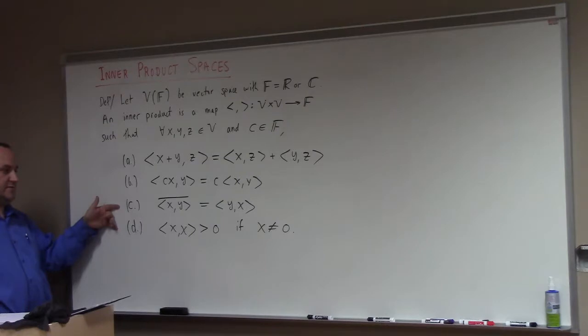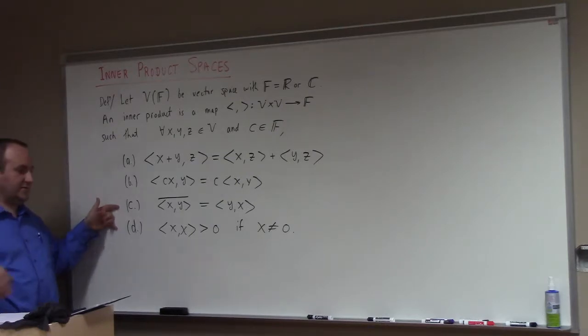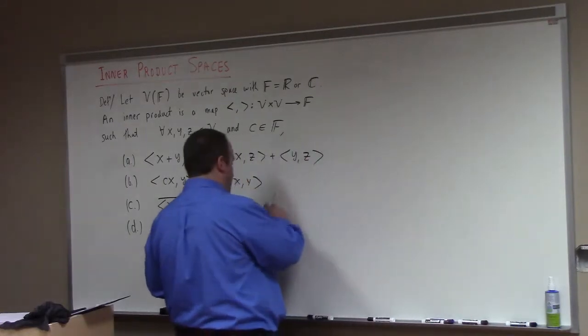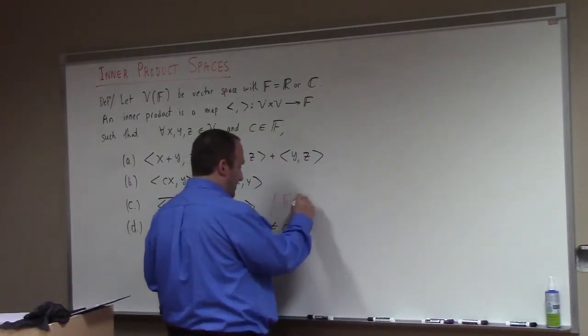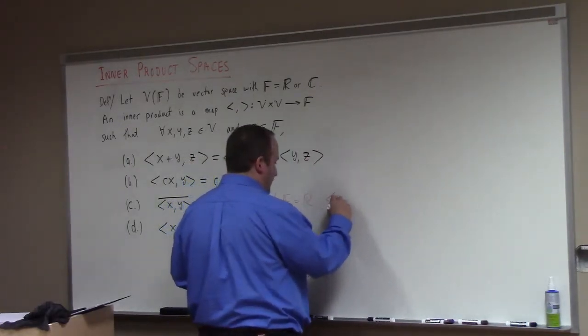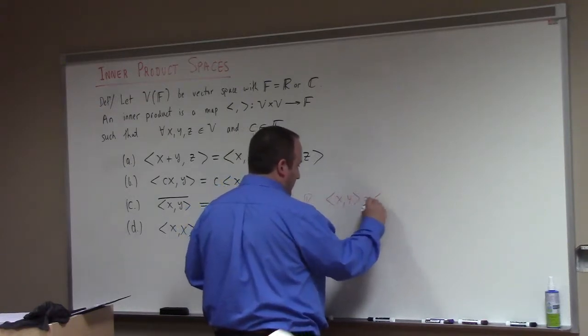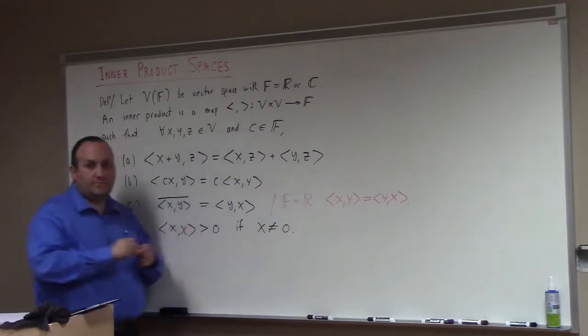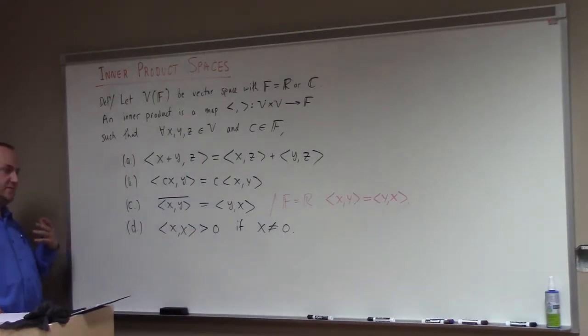So in the case that F is equal to the reals, what does part C become? We just have <x, y> equals <y, x>, right? In other words, C becomes just what's called the symmetric property, that the inner product of x with y is equal to the inner product of y with x.